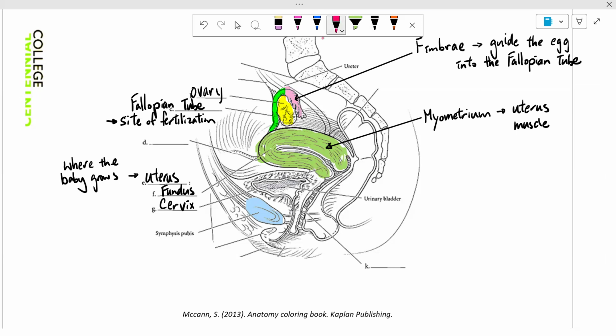Now there is also a lining right here, and that is where the blood vessels are going to be developing in preparation for pregnancy. That lining is called the endometrium.